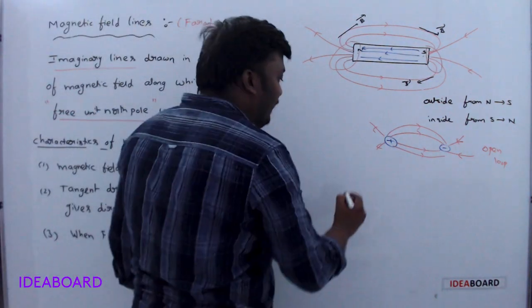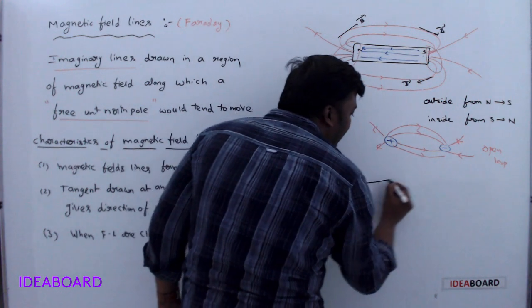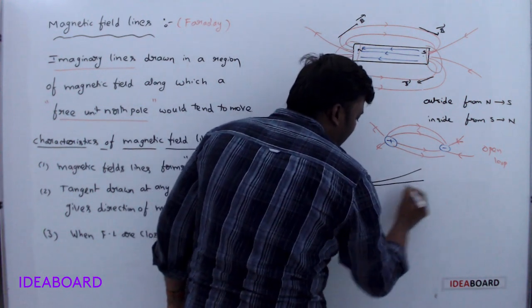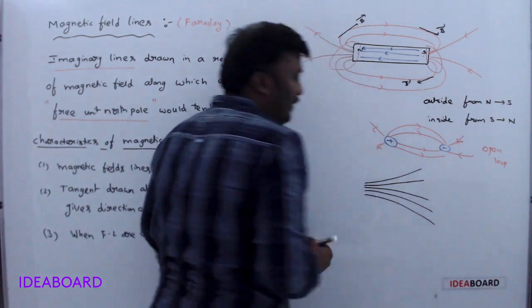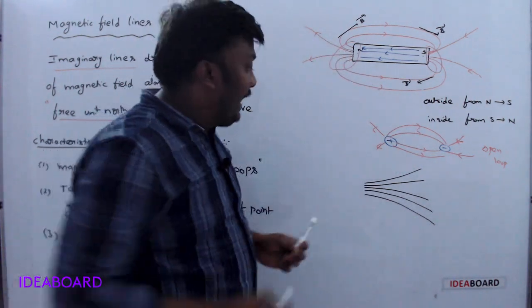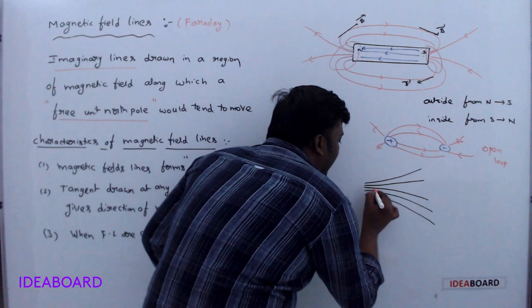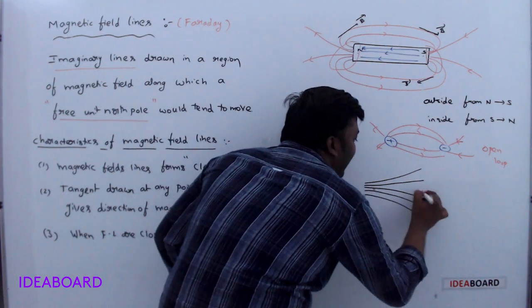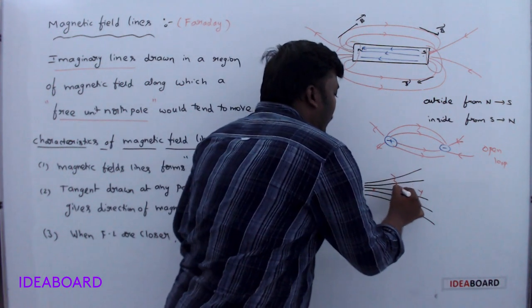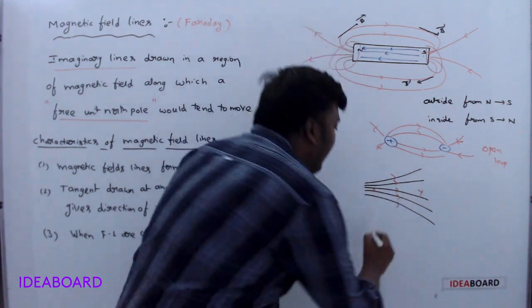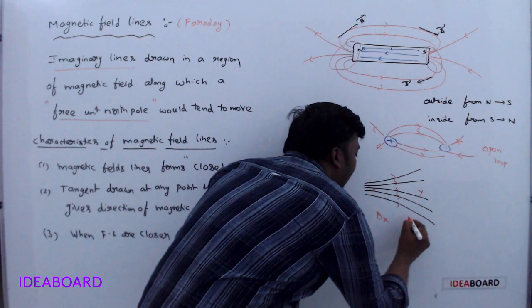For example, in objective questions, the question will be asked like this. They take one diagram, and on that they consider two points, one is x and another one is y. What is the value of the magnetic field at x and y?